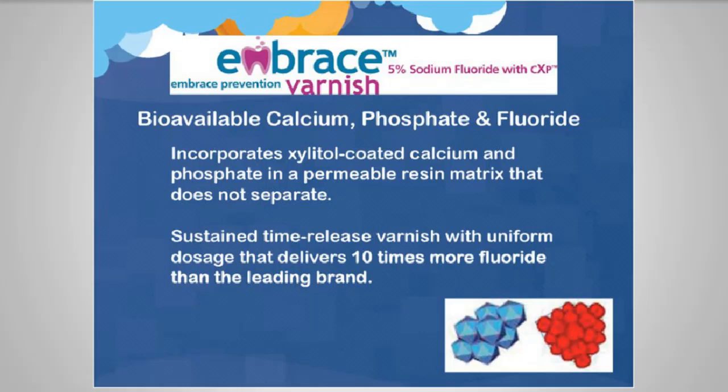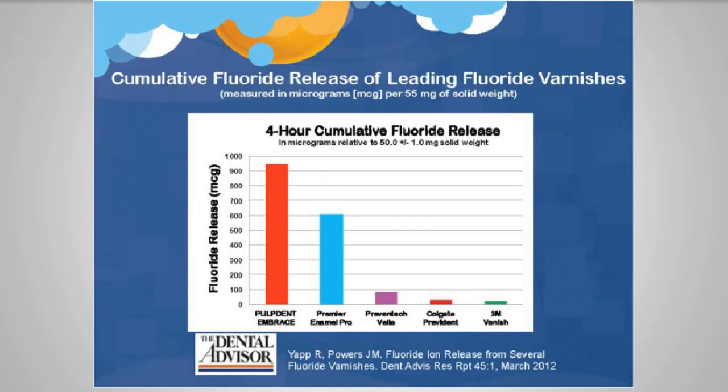But again, you're still going to be working with a relatively hydrophobic material, and you're going to get the globs, and you're going to get people saying, yuck. This Embrace varnish is remarkable. It releases 10 times more fluoride than any other leading brand out there. The two leading fluoride varnishes in my book are the Embrace by Pulpdent and Premier's Enamel Pro, which has an ACP formulation, which is very, very nice as well.